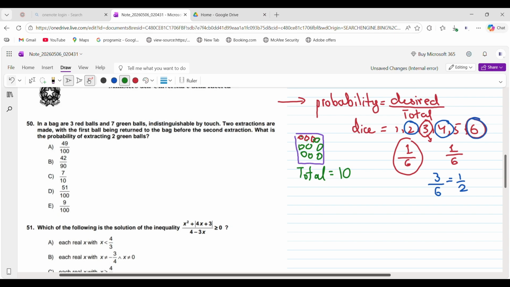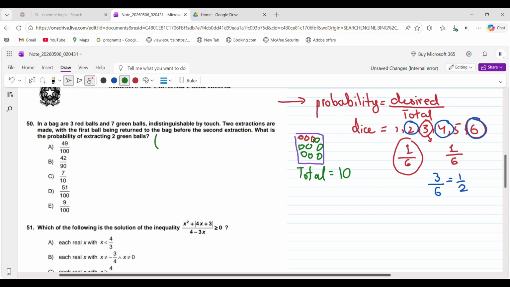Now see, two extractions are made. Basically, a person has made a draw. He has taken a ball once, and then he has put that ball back inside the bag, and then extracted a second ball from it. So the second ball that he extracts from the bag would not be affected by the first extraction at all.